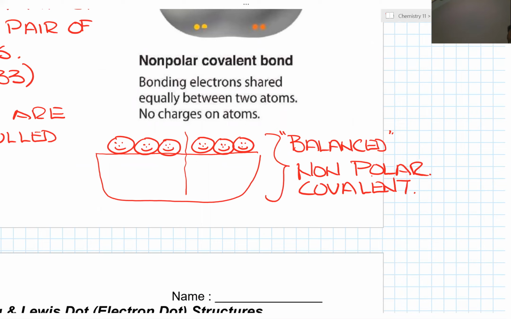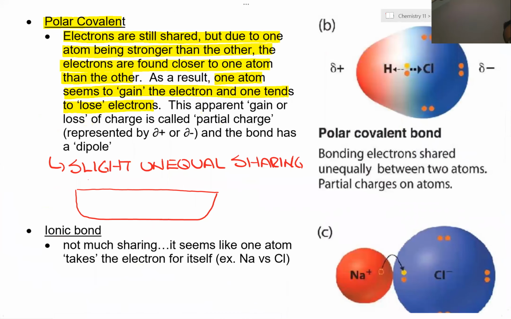What we would have is 2 on this side, and 4 people on this side. So here is unbalanced.